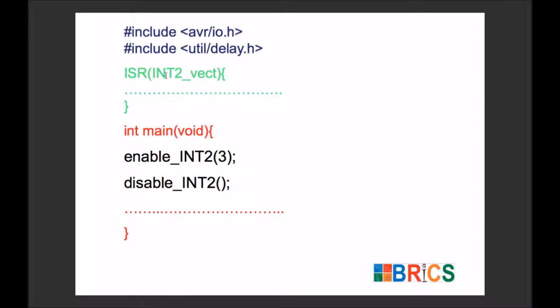We need to select only out of 0 and 1. Here, as you can see, I have written enable_int2 and this condition is 3. So actually this statement is wrong. Here we can only choose out of 0 and 1. And this is the function to disable interrupt 2.